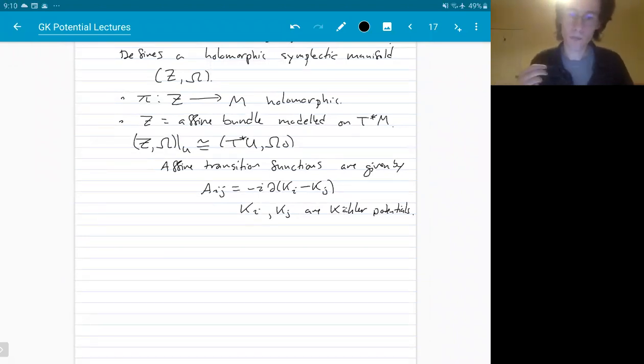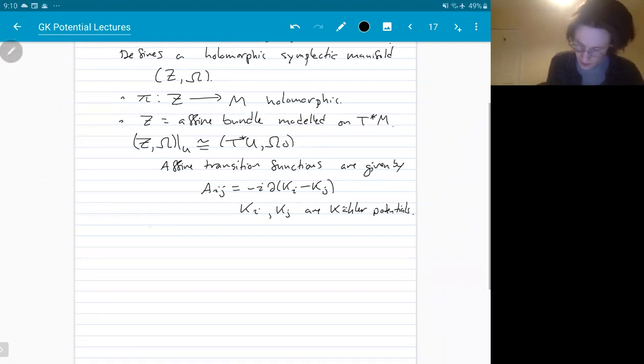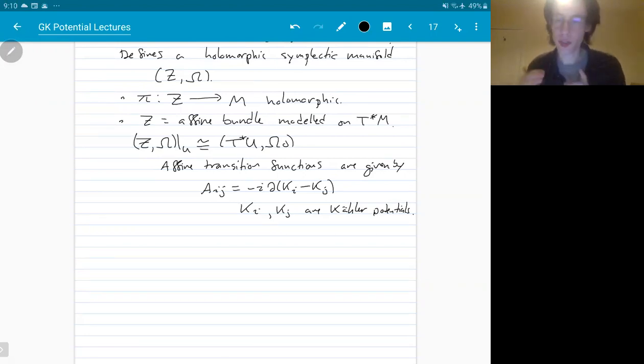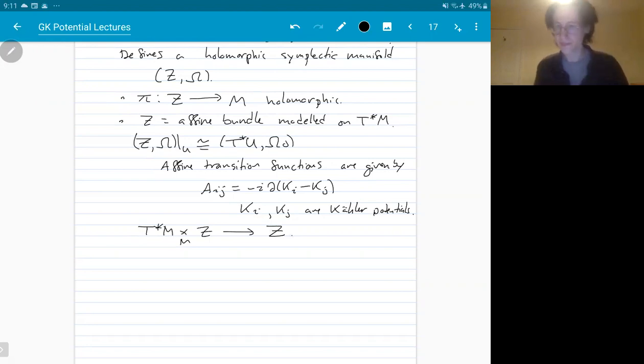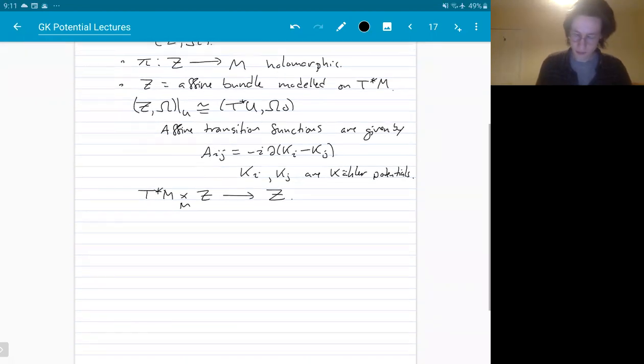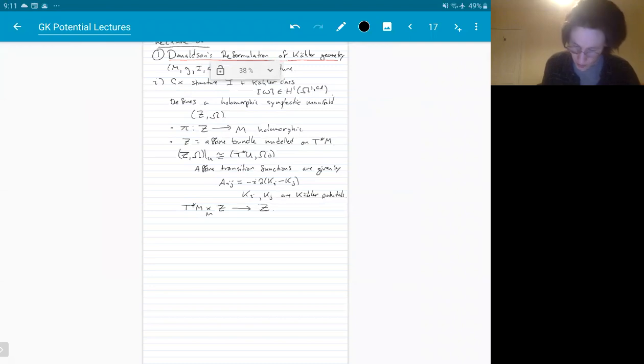What I mean by an affine bundle is that it's not a vector bundle, so you can't actually add elements in a fiber like you can on the cotangent bundle, but you can take an element of the cotangent bundle and add it to an element of Z. So you get this kind of addition map. Okay, so that was the first part of the structure. The second part of the Kähler structure.